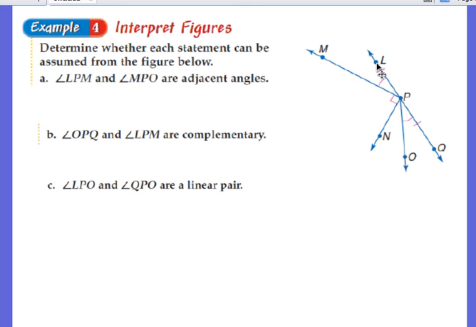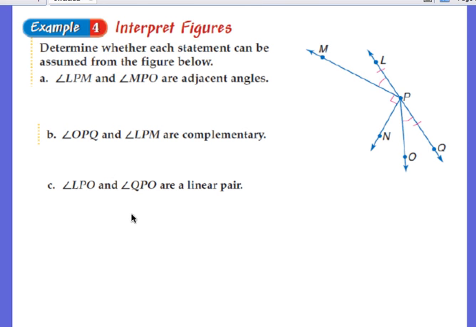So yes, this does make a linear pair, because not only are they adjacent, sharing the side PQ, the ray, and the vertex P, but they also make a straight angle together. In other words, they make a half rotation, 180 degrees from here all the way to here. So LPO and OPQ is one case. Yes, that is true.